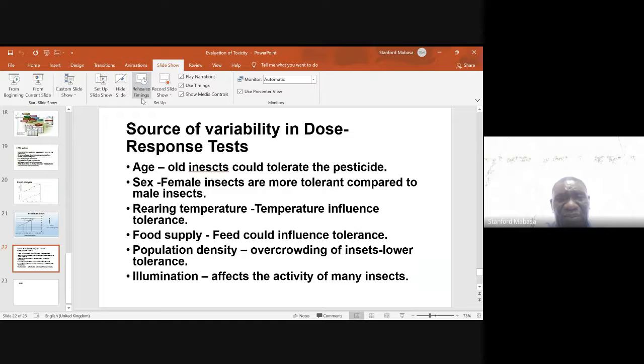For example, female insects are more tolerant compared to male insects. Rearing temperature can influence the tolerance. Food supply, what these animals are feeding, can also influence the tolerance. Population density, overcrowding of insects can lower tolerance.